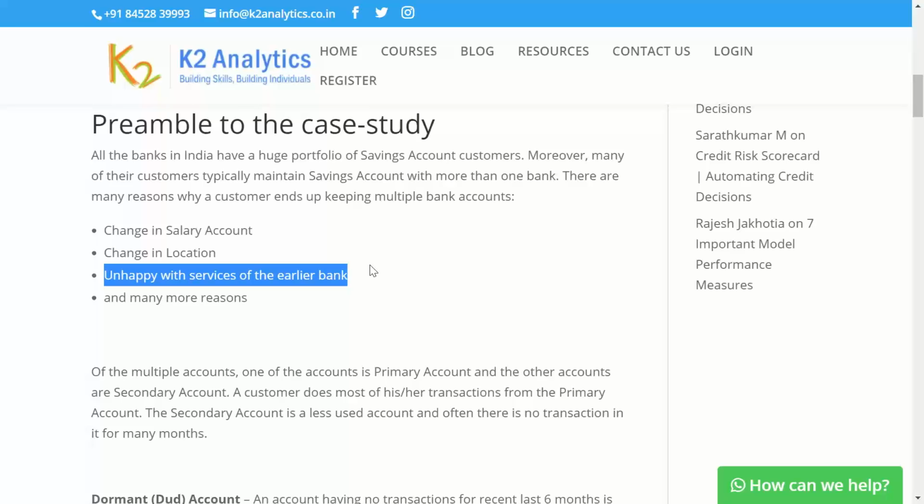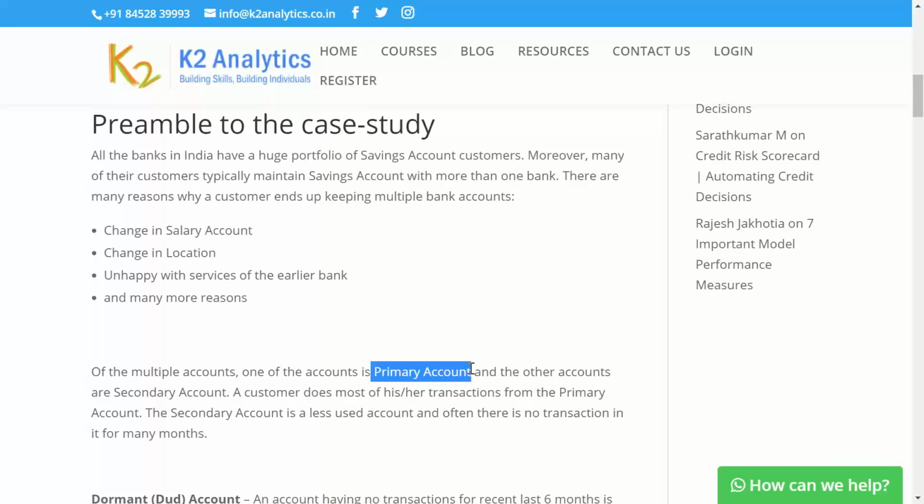So it has been observed that many of the customers have multiple bank accounts, and because of this multiplicity of accounts, one of the accounts becomes your primary account.